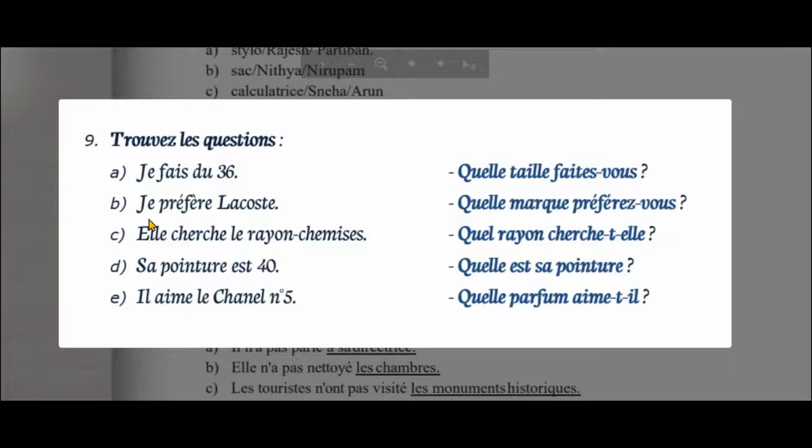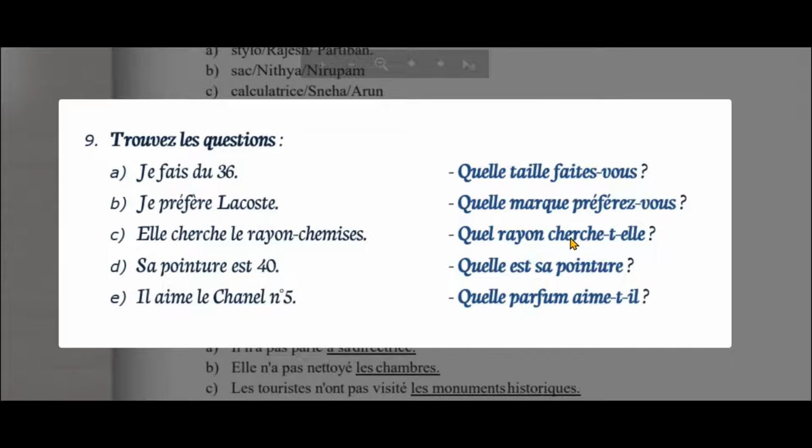The next one's talking about your preferred brand. So, je préfère Lacoste. Which brand do you prefer? Quelle marque préférez-vous? The third one, elle cherche le rayon chemise, meaning she is searching for the shirt section. I'm framing the question: which section is she searching for or looking out for?